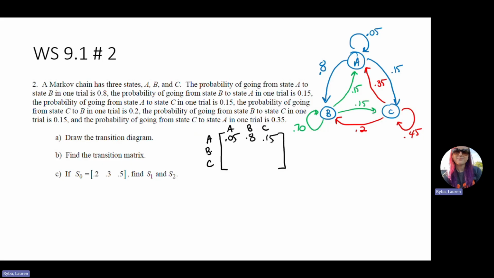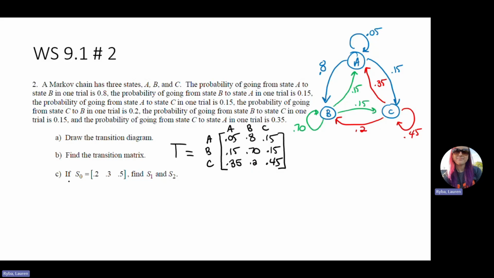Next row, B to A was 0.15, B to B was 0.70, and B to C was 0.15. C to A is 0.35, C to B was 0.2, and C to C is 0.45. Okay, so that's my transition matrix T.